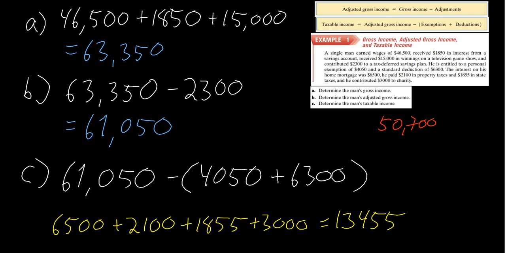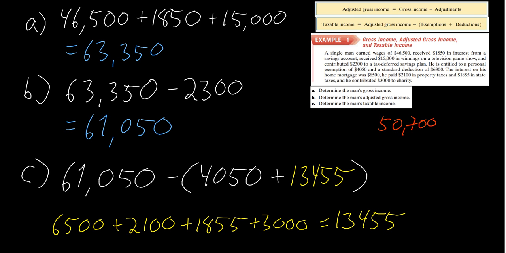Okay, so again, this number is a lot larger than this number. And I'm going to choose the larger of the two because I want to pay as little tax as possible. So I'm going to not do 6,300 and instead use 13,455.